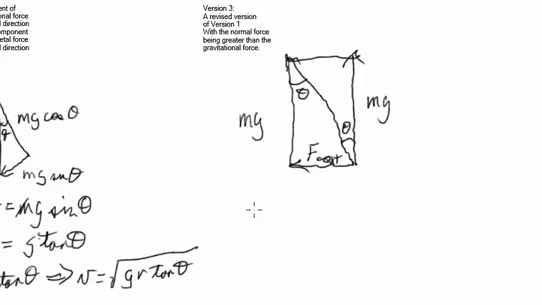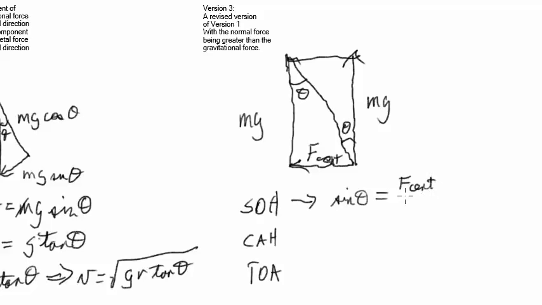And then let's just write down the equations for SOH CAH TOA. Sine theta equals opposite, which is our force centripetal, over hypotenuse, which we don't know yet. We'll call that our normal force.